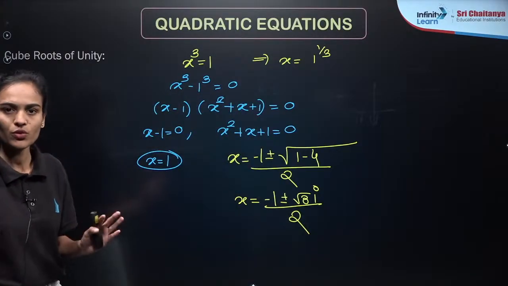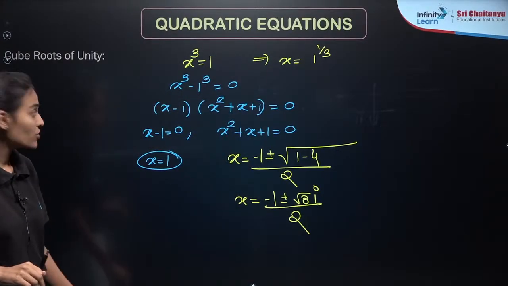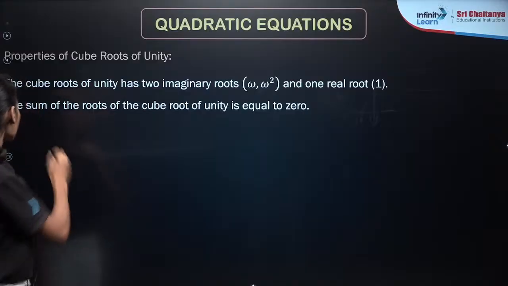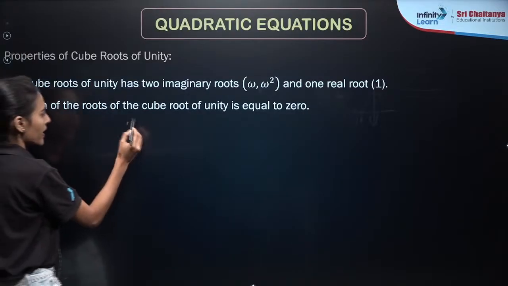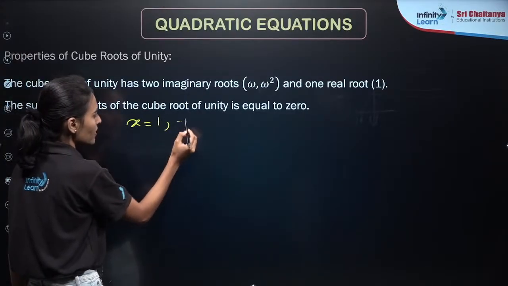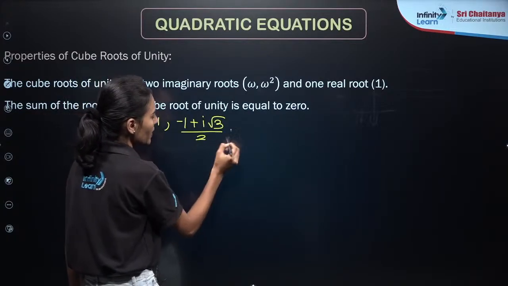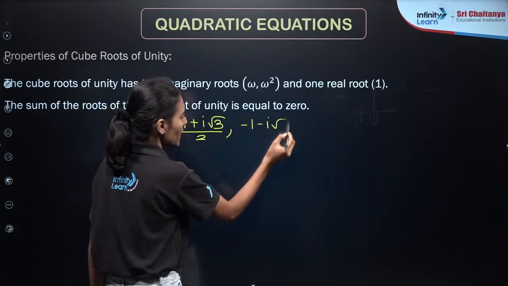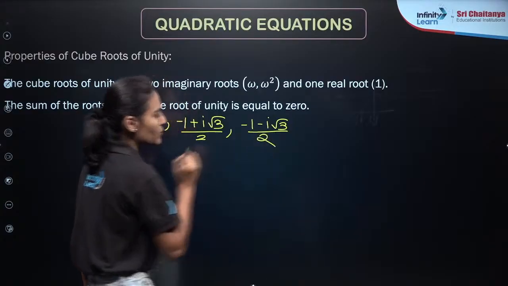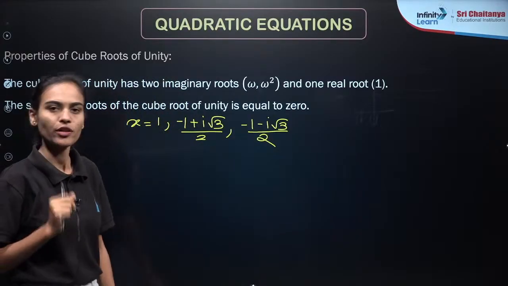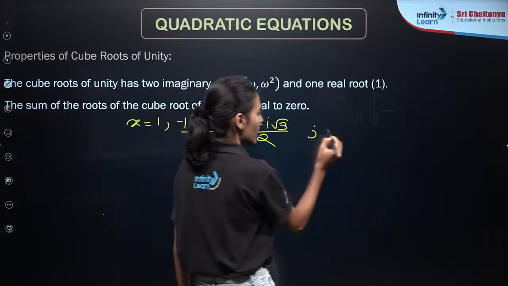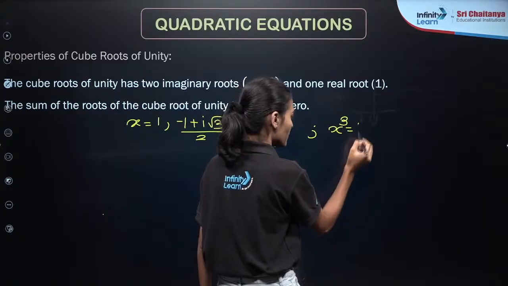So these are the solutions you got: x as 1, next minus 1 plus i root 3 divided by 2, and next minus 1 minus i root 3 divided by 2. These are the three solutions you got for the equation x cube equal to 1.